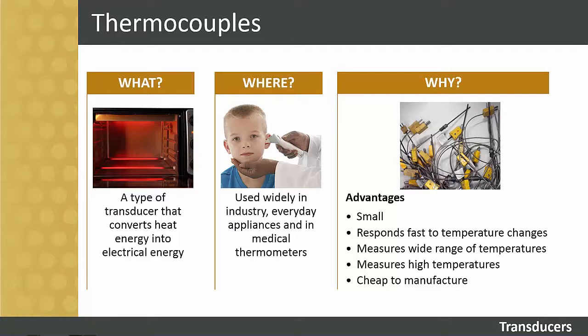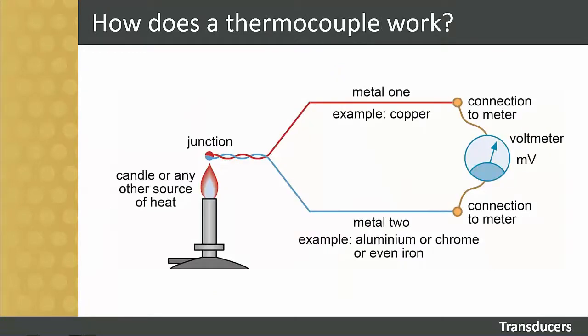When combined, these advantages make thermocouples an obvious choice for many temperature measurement applications. So how does a thermocouple work? When two different conductors are joined at one end and a source of heat is applied to this junction, a small voltage, measured in millivolts, is produced or induced in these conductors.